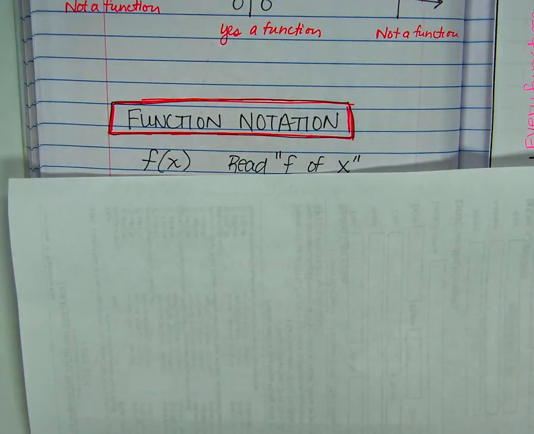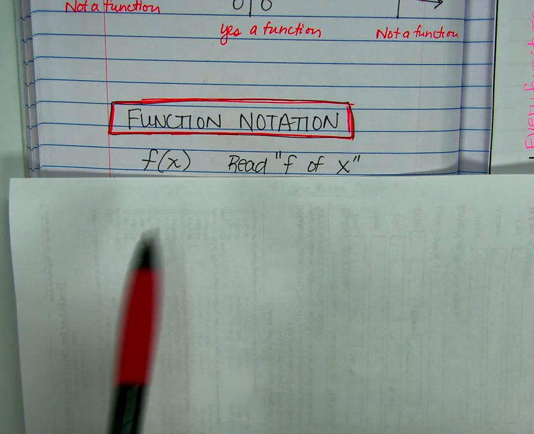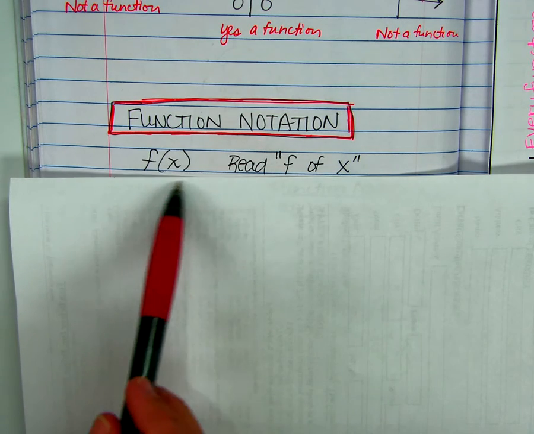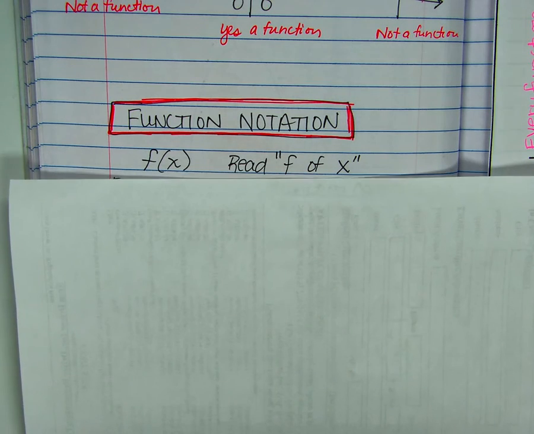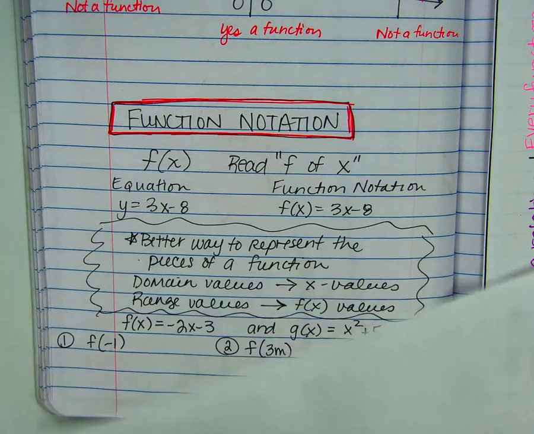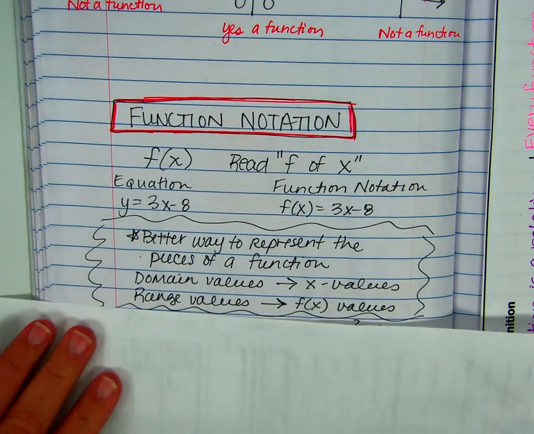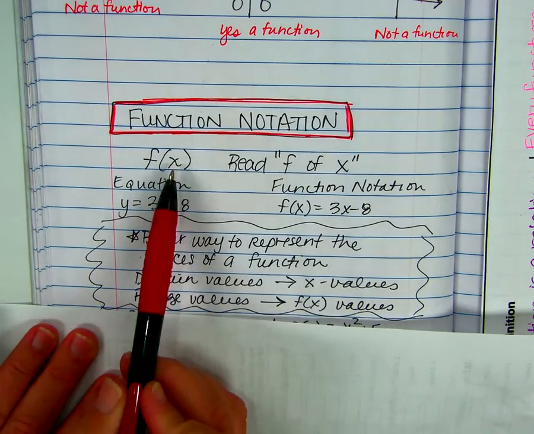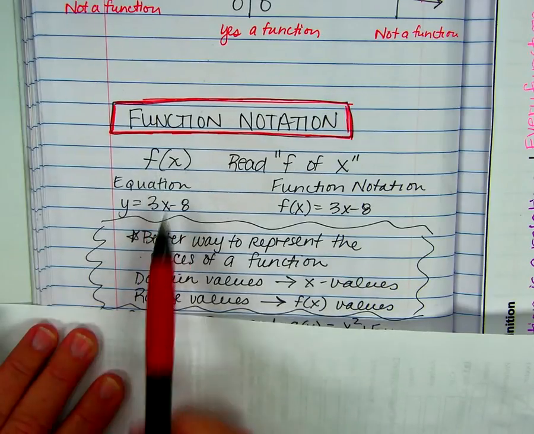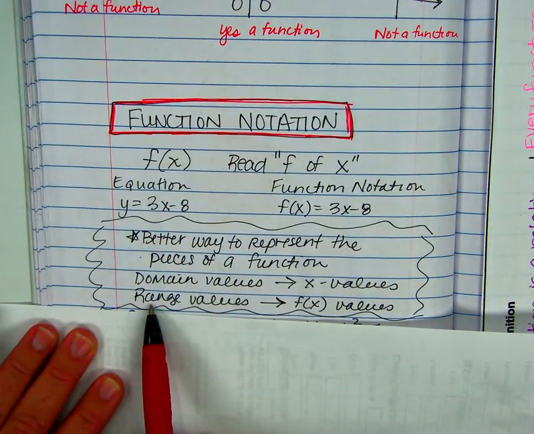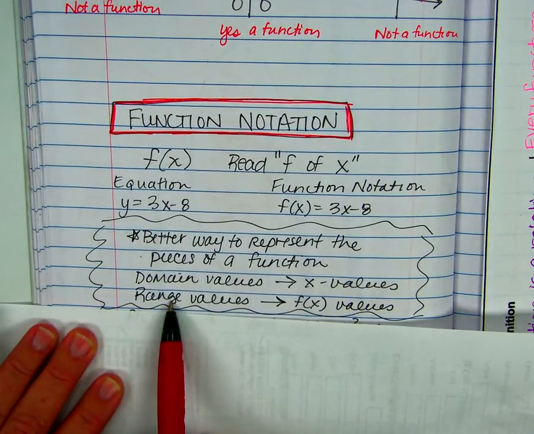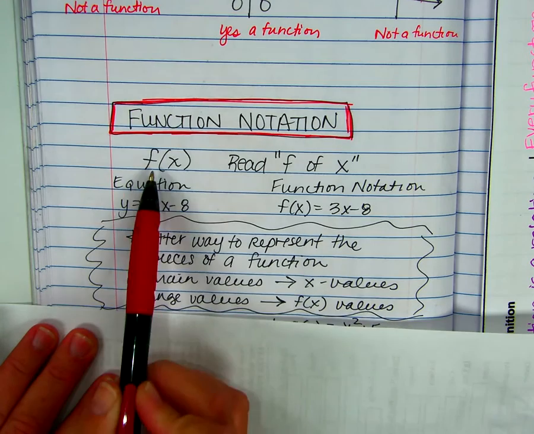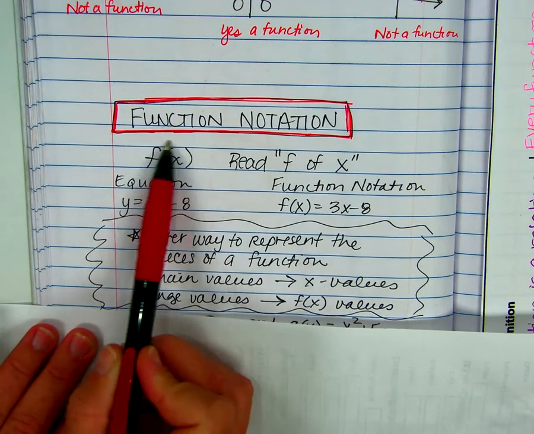Now we read that f of x. And just in this notation here, I can tell you some things. I can tell you that my domain values are my x values. Every number I put in here for x, those are my domain values. My range values represent the f of x.